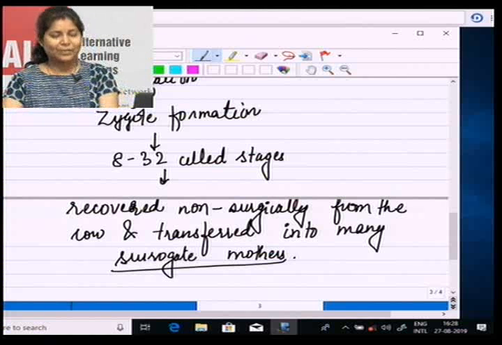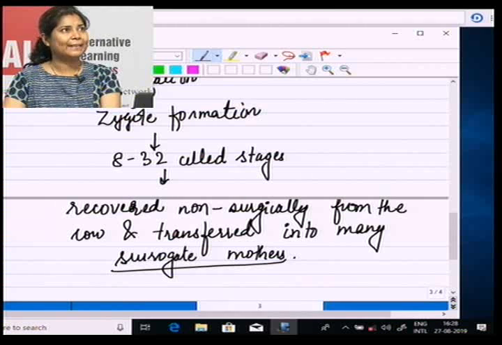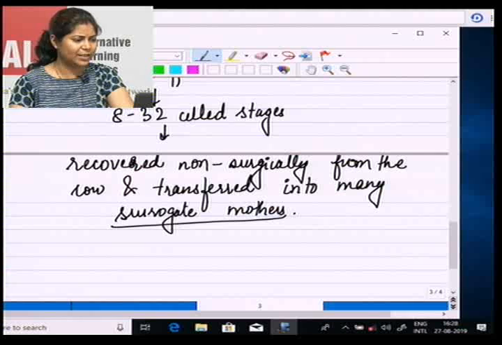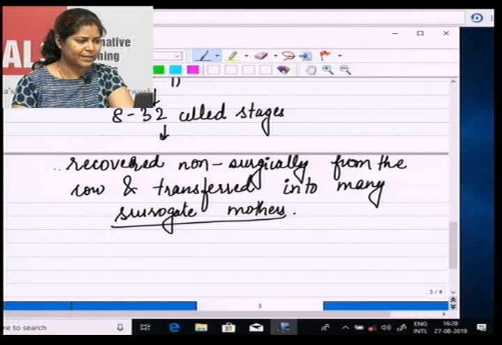Okay. So this is one of the best techniques we can use. This is thought to be a very, very good technique that is actually used. So let us see the animals we can use for these particular kinds of breedings.